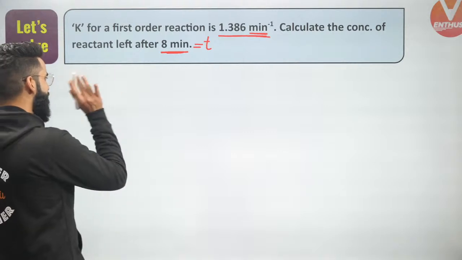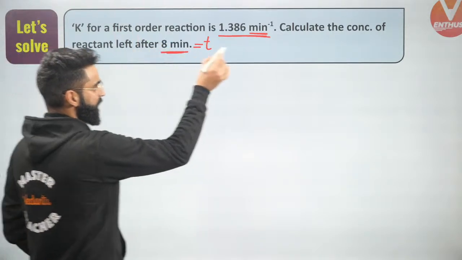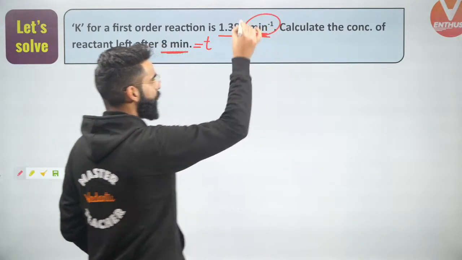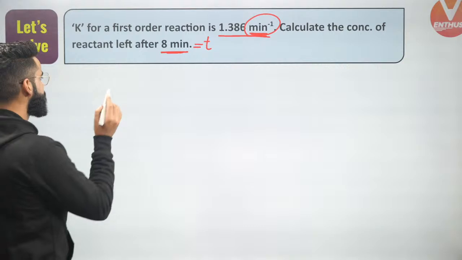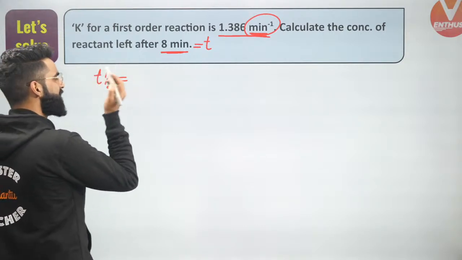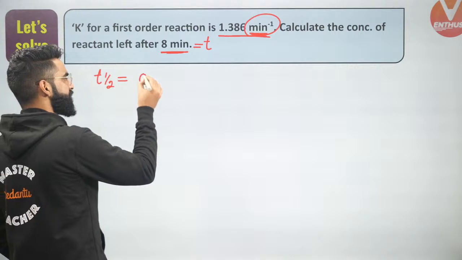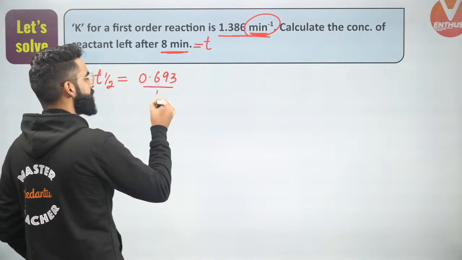Now people, the first thing: from the unit of the rate constant, I got to know the reaction is of first order. Number 2, can I calculate the half-life of the reaction whose rate constant is given to me? Yes, since it's a first order reaction, its half-life is going to be 0.693 divided by k.